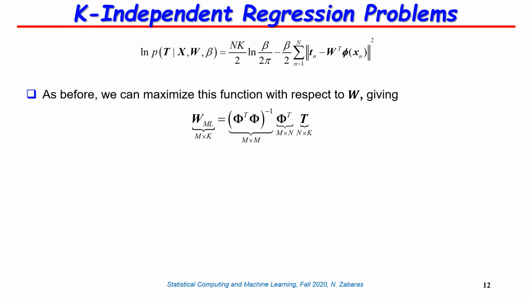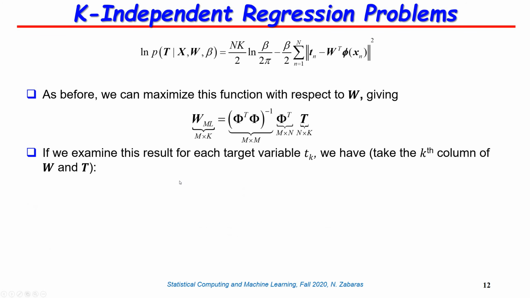The only difference, of course, is that now we don't compute just a vector, but a matrix of size M times K. So this is an M by N matrix times an N by K matrix. So you can see that the dimensions match, and you do get a matrix of size M times K.